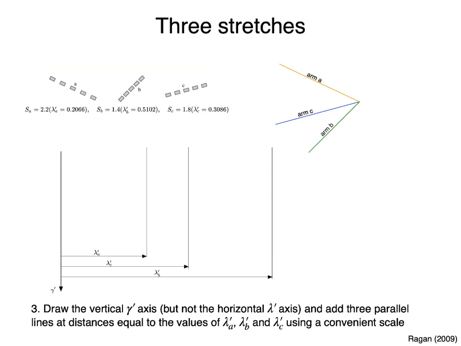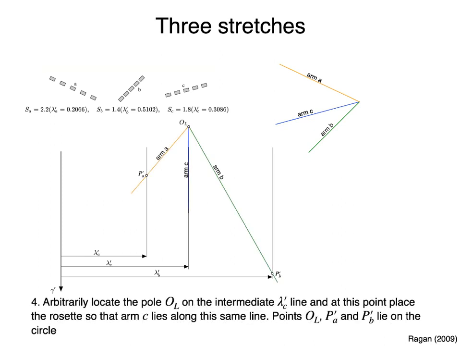Then, using a convenient scale, we add 3 parallel lines at distances equal to the values of lambda prime A, lambda prime B, and lambda prime C. We arbitrarily locate the pole OL on the intermediate lambda prime C line, and place the rosette at OL so that arm C lies along this same line.